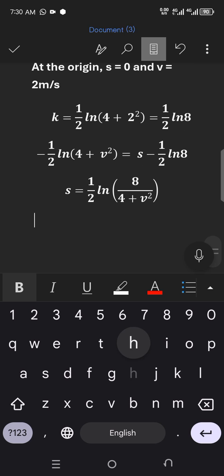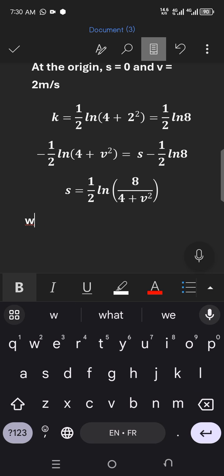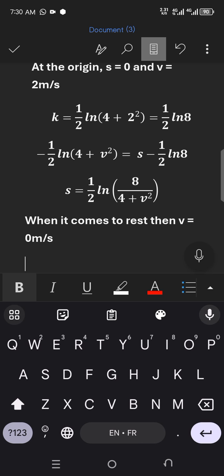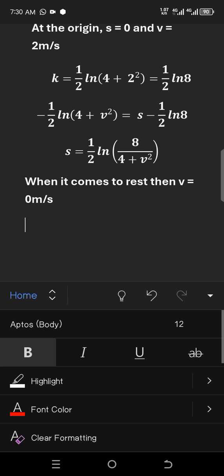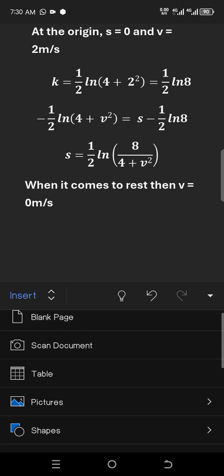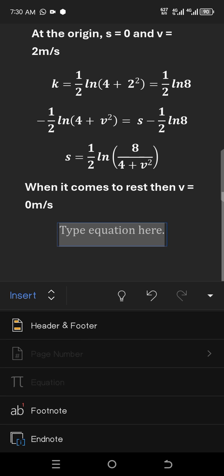So when it comes to rest, you realize that your final velocity is 0. When it comes to rest, then your v is equal to 0 meters per second. So with that, all we need to do is to find s, the displacement, when it first comes to rest.